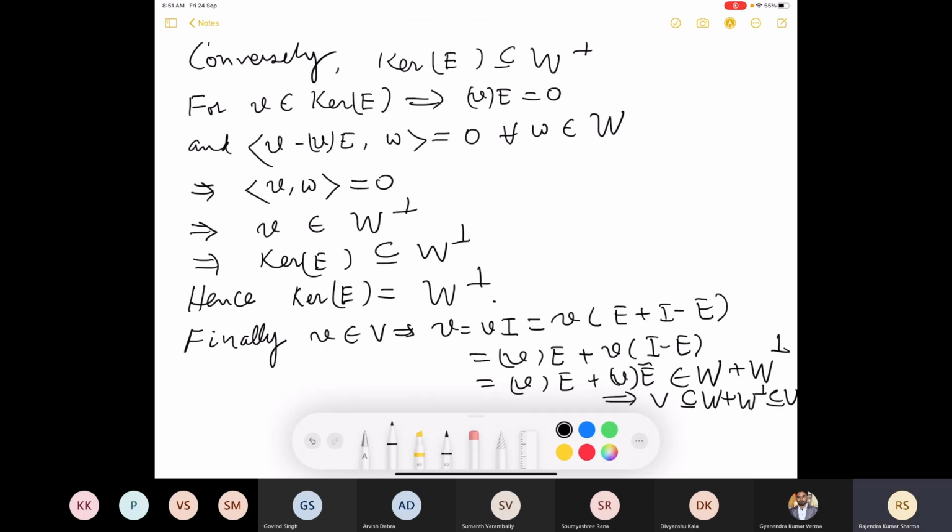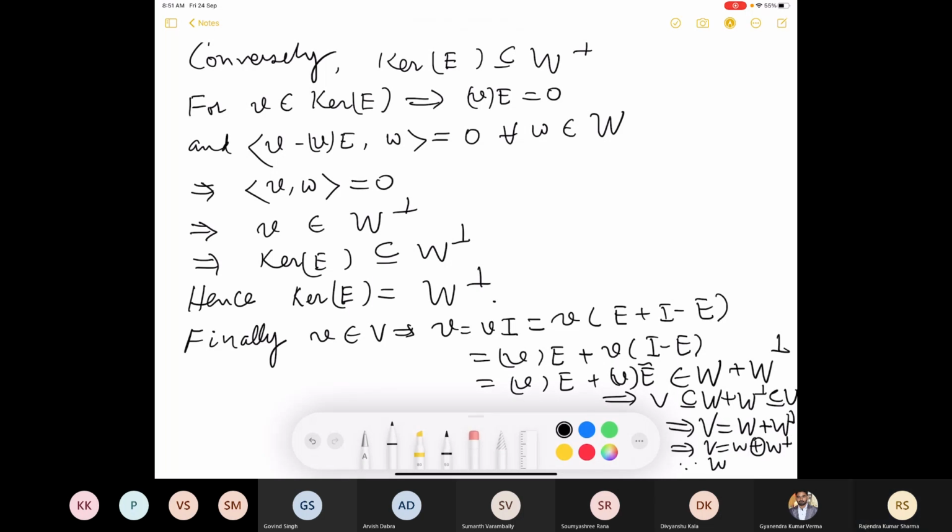So that proves that V is contained in W plus W orthogonal. This is always contained in V. So that says that V is the sum of W and W orthogonal. And the intersection of W and W orthogonal is 0, so that means that this is the direct sum here.